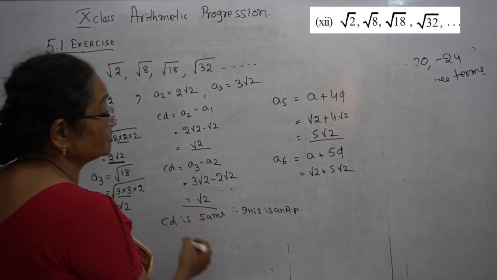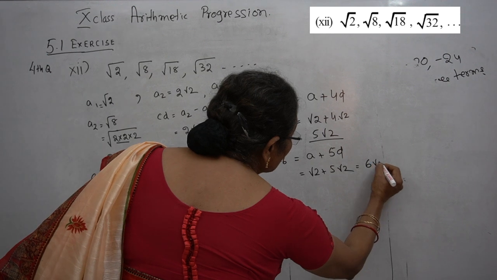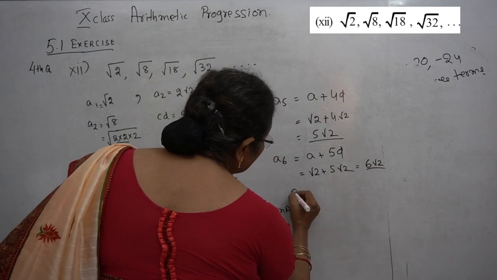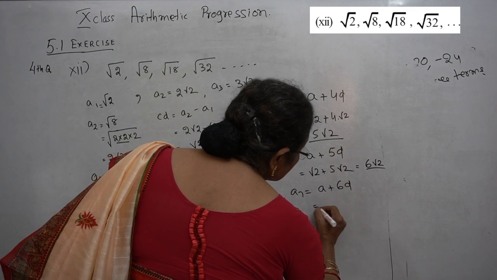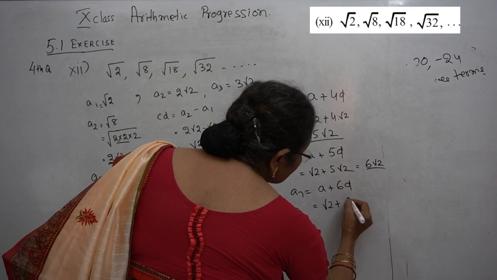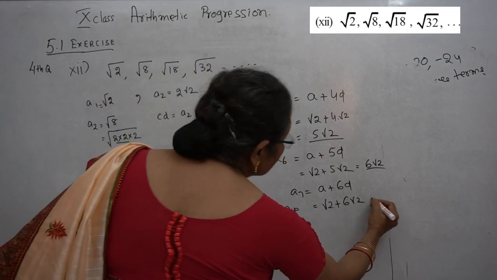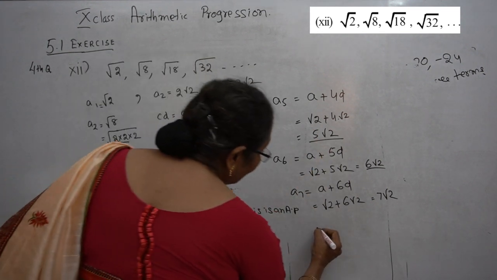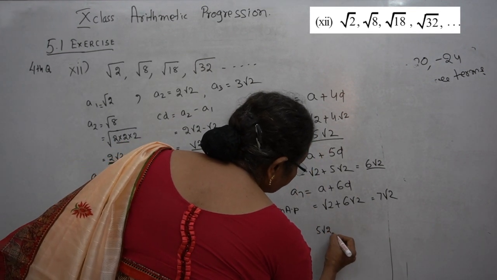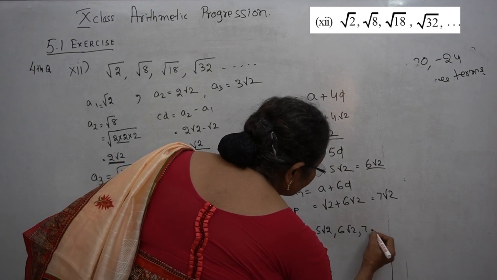Our common difference is root 2. Therefore 5 plus 1 equals 6 root 2. Then a7, a plus 6d. a is root 2 plus 6 into root 2. That is 6 plus 1 is 7 root 2. So our AP's 3 more terms are 5 root 2 and 6 root 2 and 7 root 2.